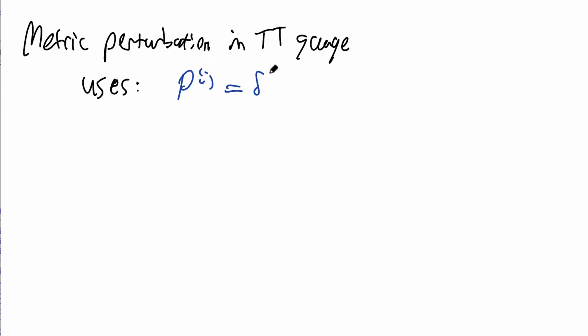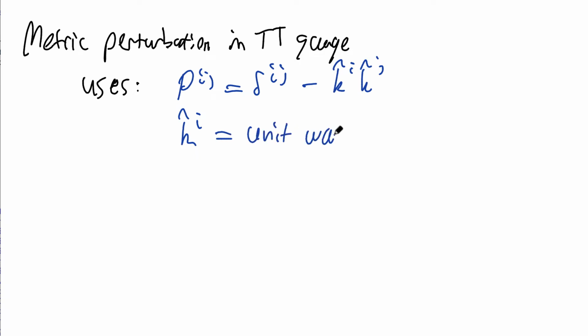P_ij equals delta ij minus k hat i k hat j, where k hat is the unit wave vector, so it's a unit vector that points in the direction of propagation of the gravitational wave.